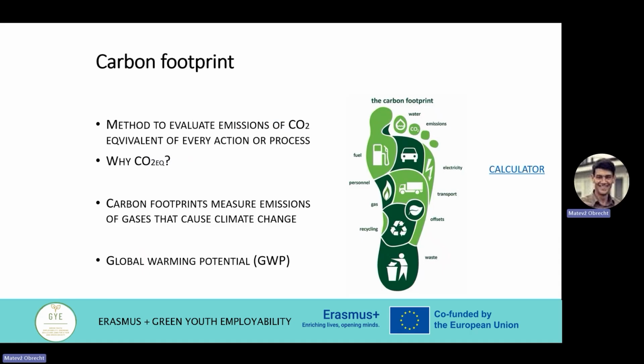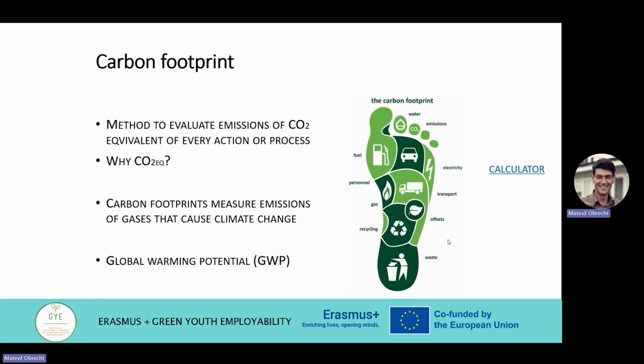So all other greenhouse gases should be transformed into the GWP of CO2. GWP means global warming potential. So the global warming potential of CO2 is 1. Global warming potential of other gases is much higher, and that's why it was used as the basic unit for carbon footprint calculations.